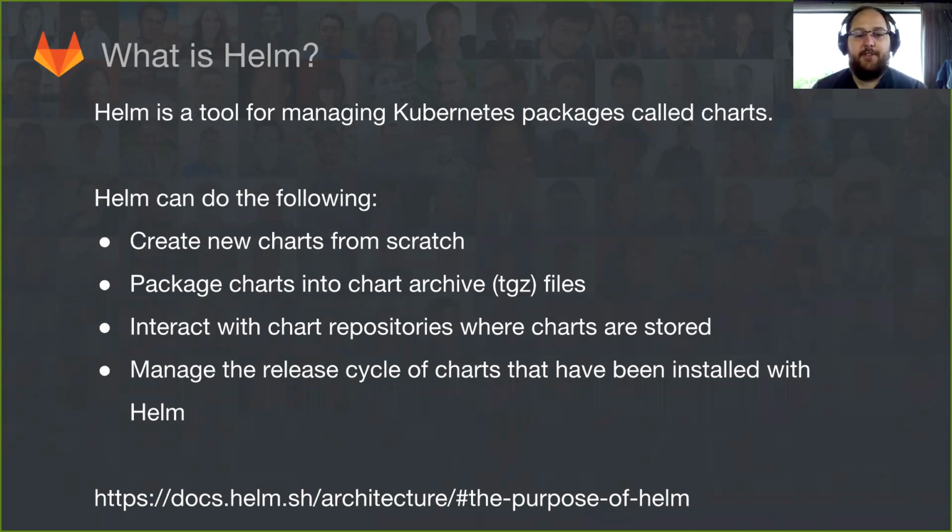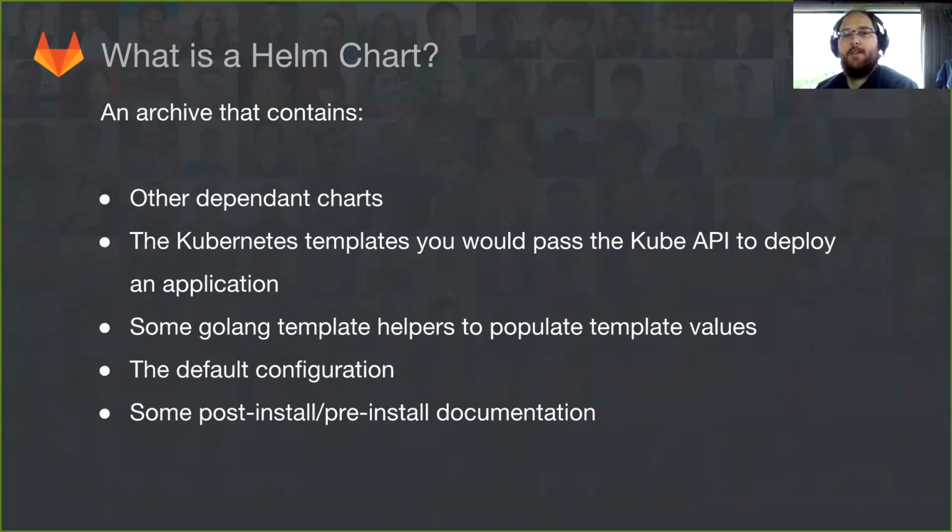The tool can interact with chart repositories where the charts are stored, to download them and install them. And it's used to manage the release cycle of charts that have already been installed with Helm into your Kubernetes cluster. And I just provided a link to where this bullet list came from. So that's the purpose of Helm itself.